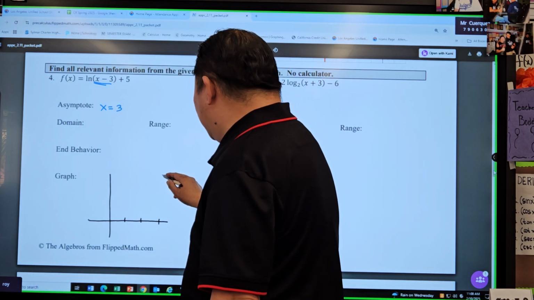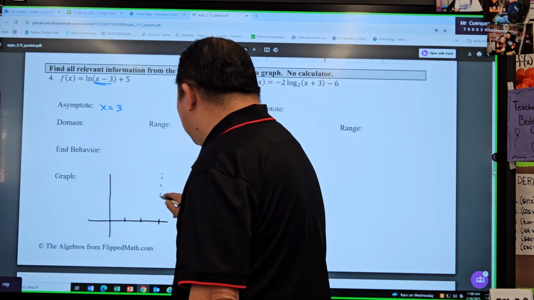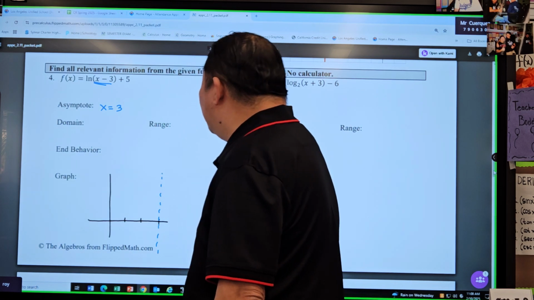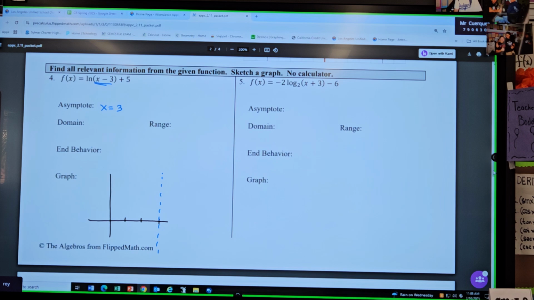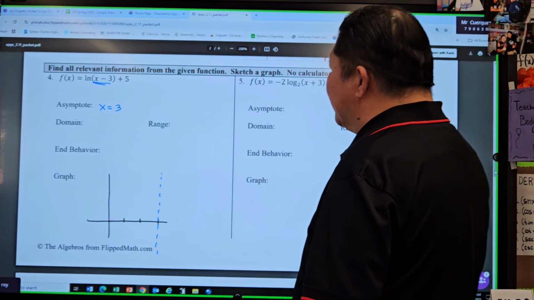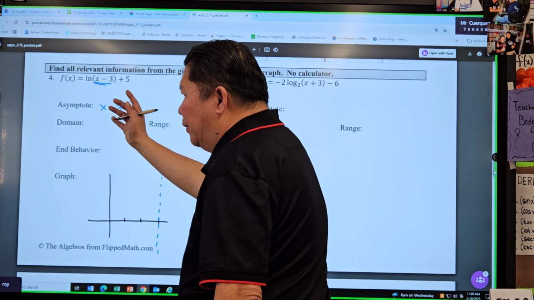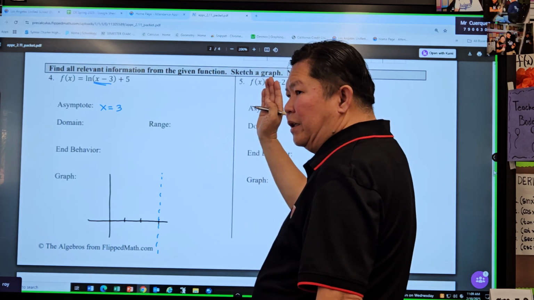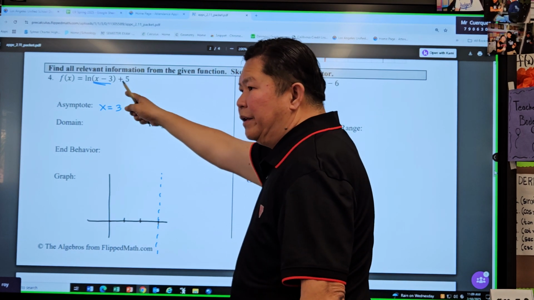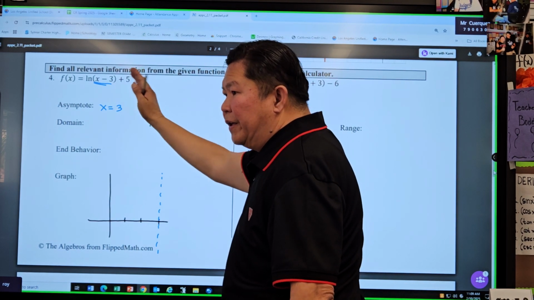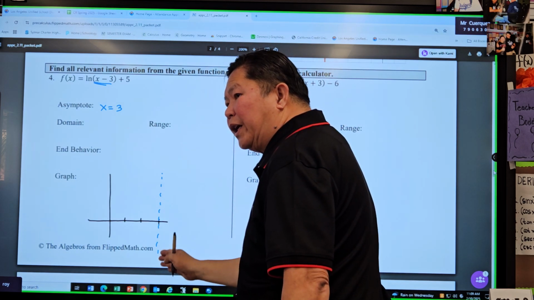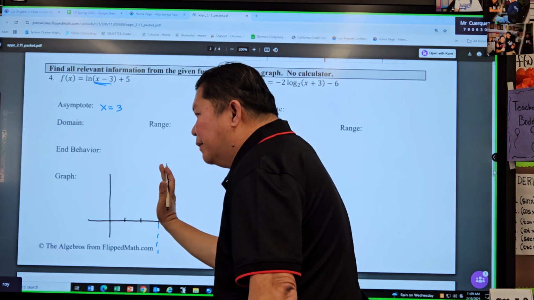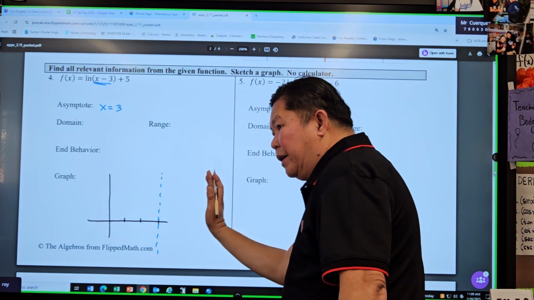Because this is shifted to the right, starting here at our vertical asymptote, our graph is right here.